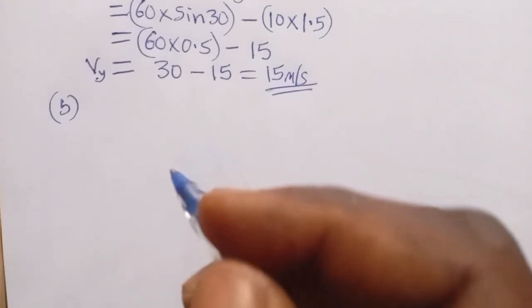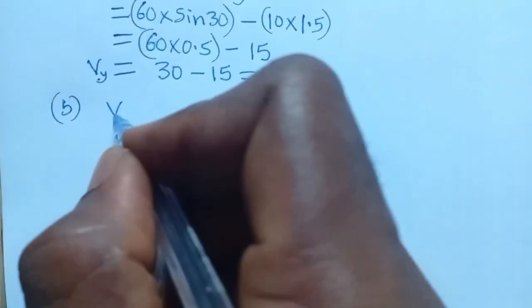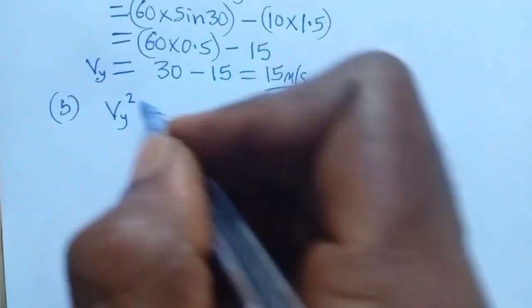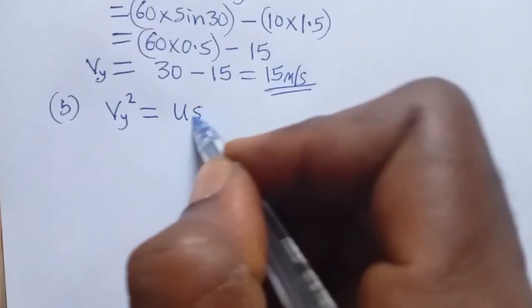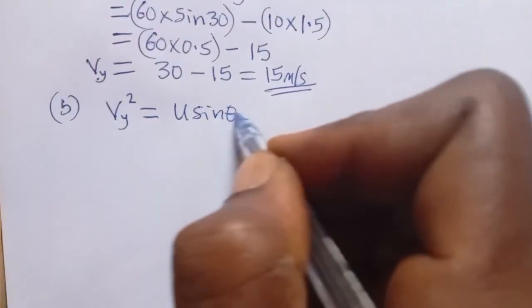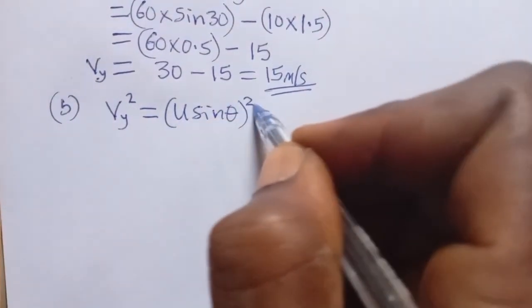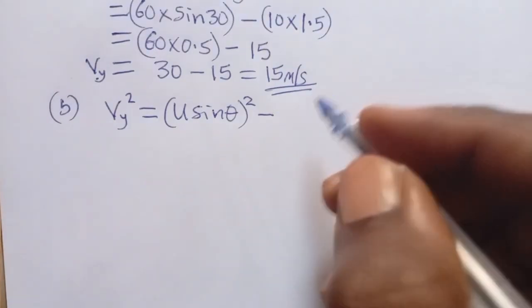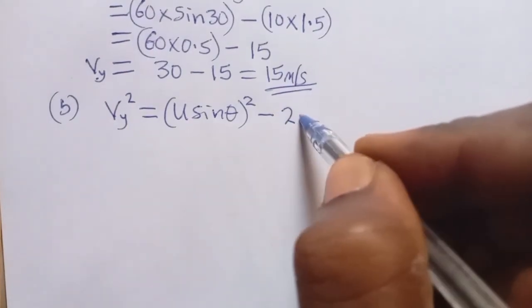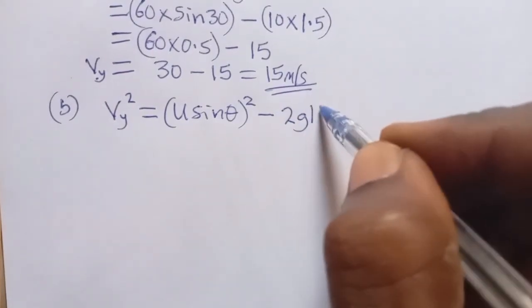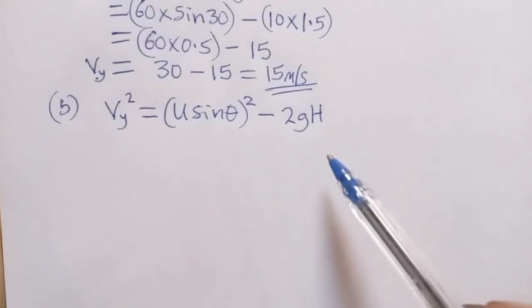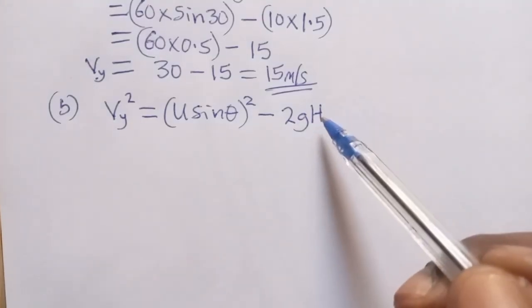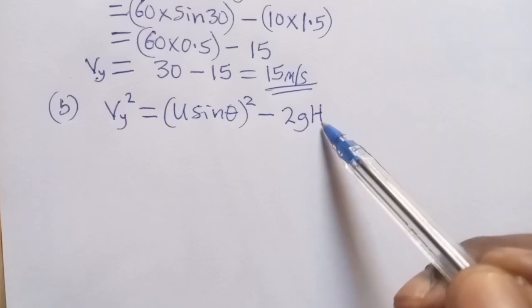And so I'll simply say the vertical velocity square, that's the formula to apply now, is u sine theta all squared minus 2gh. So this is the formula to apply to get the vertical height, h.